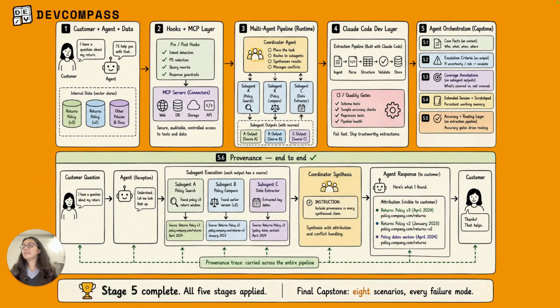5.1 is the case facts block, the amber border sitting in the agent context above the conversation, the fix for the lost in the middle problem. Second is the escalation criteria on the agent's output path, the fix for sentiment-based mis-escalation.